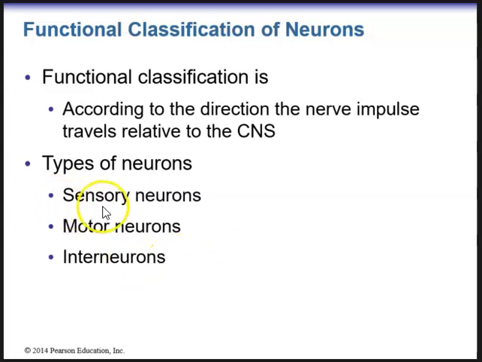Sensory neurons we know are picking up signals from the body and then bringing them back up towards the CNS. These are also known as our afferent sensory type cells. Motor neurons, these are neurons that will transmit impulses away and allow for movement of skeletal muscles. And then interneurons we'll find within the CNS.